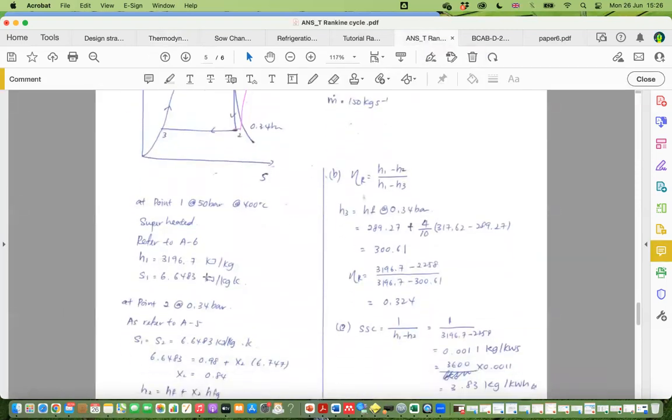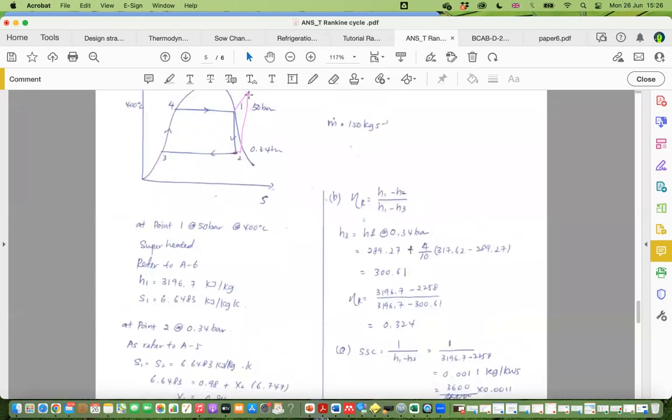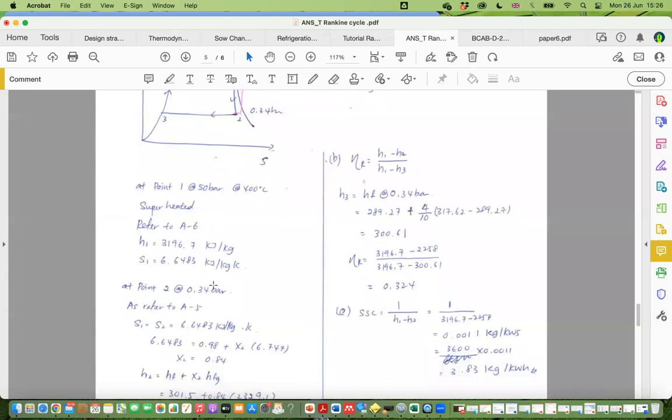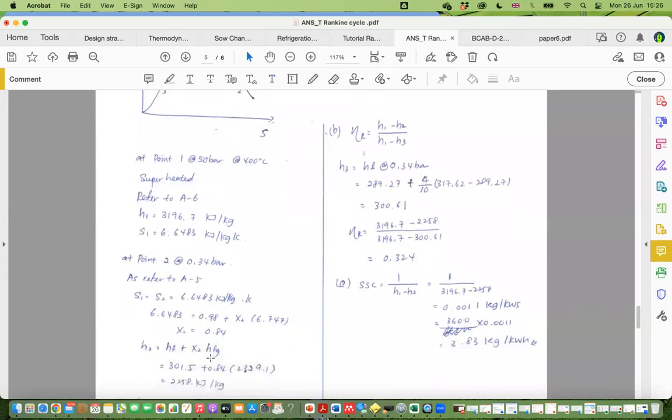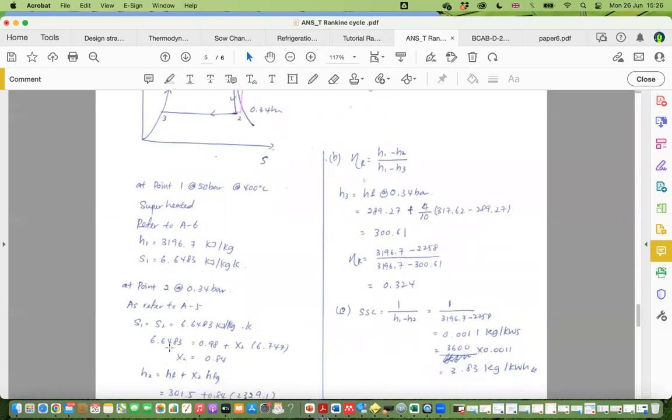You know that entropy 1 equals entropy 2, and therefore I can use my entropy to find my dryness. After I have my dryness fraction, I use it to find my enthalpy at point 2.